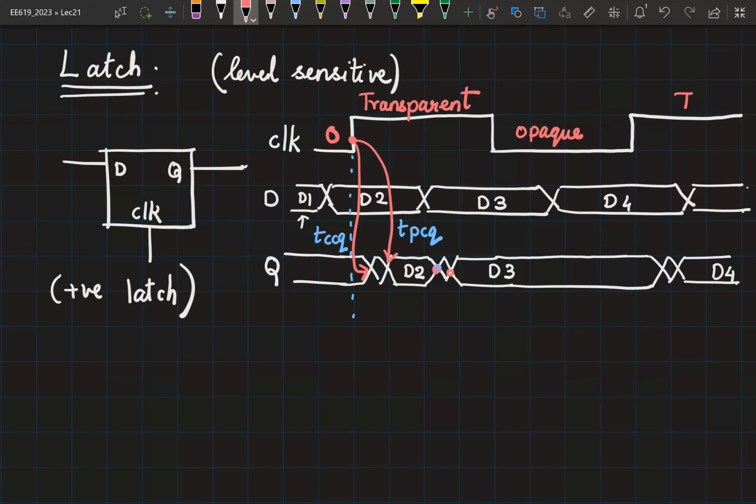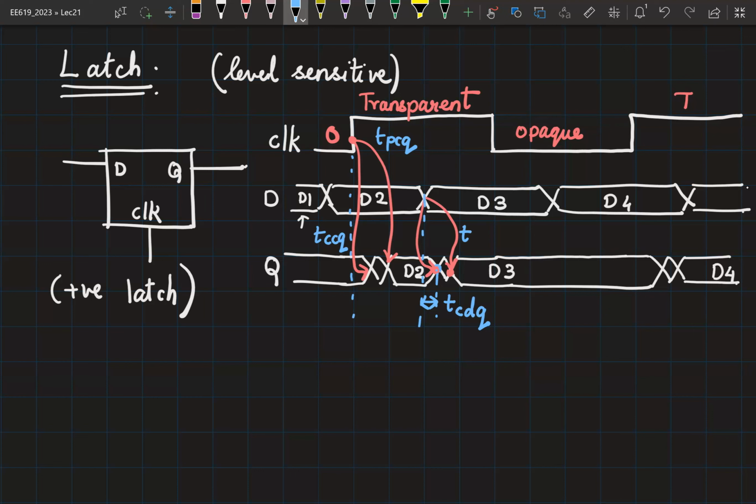What about these two edges? These changes have been caused because of a change in data, not because of a transition in the clock. So the arrows will look like this. And what are the associated delays? What should you call this delay? So this is data to Q contamination delay, TCDQ.